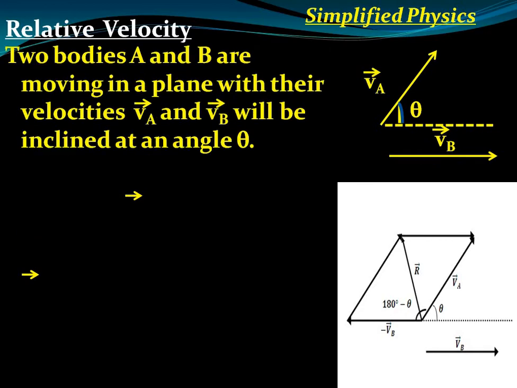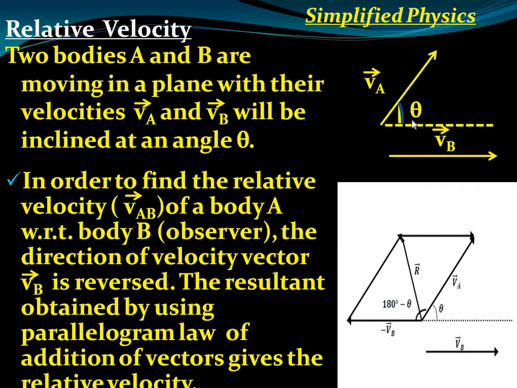How can we find relative velocity? Suppose two bodies A and B are moving with velocities vector v_A and v_B, making an angle theta. Body A is moving in this direction, and we have an observer B moving with velocity v_B at an angle theta.